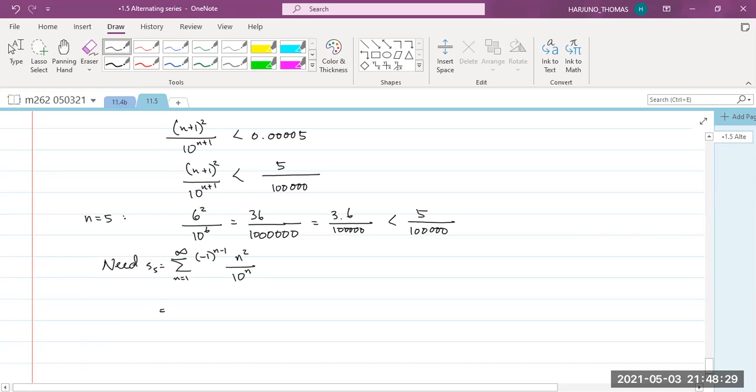Which is equal to, when n equals 1, 1 over 10. When n equals 2, 4 over 100. When n equals 3, 9 over 1,000. 4, that's 16 over 10,000. 5, that's 25 over 100,000. So that's 0.1 minus 0.04 plus 0.009.